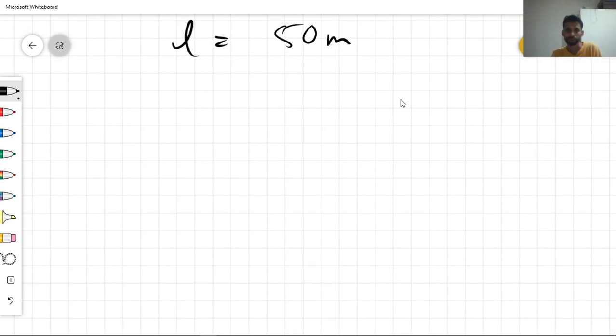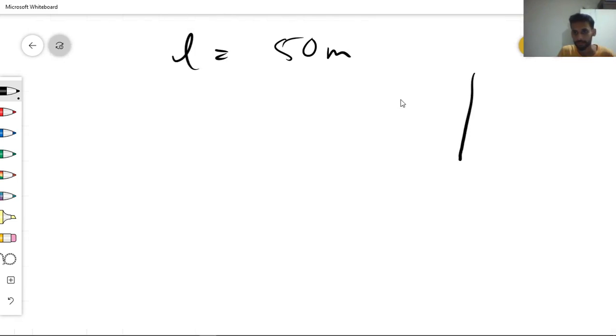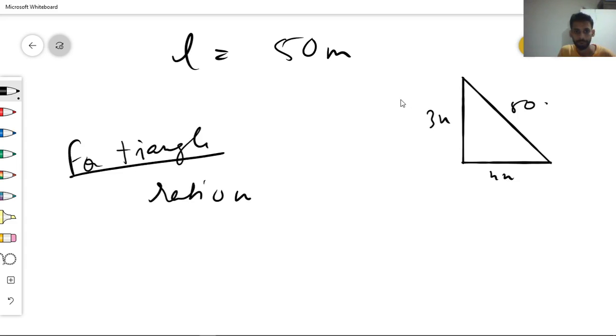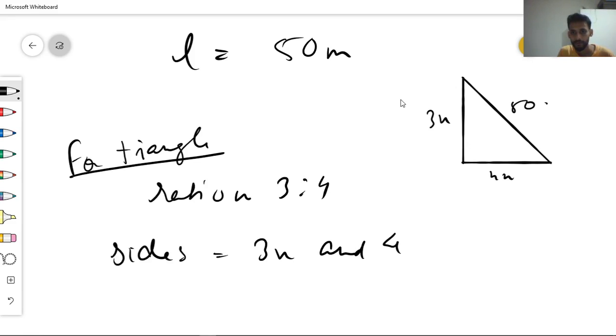Now for this triangle we have this 3x, here we have 4x, and here it is 50. So now for the triangle, the ratio given is 3:4. So the sides will be 3x and 4x. We have already taken x, so let us take y.